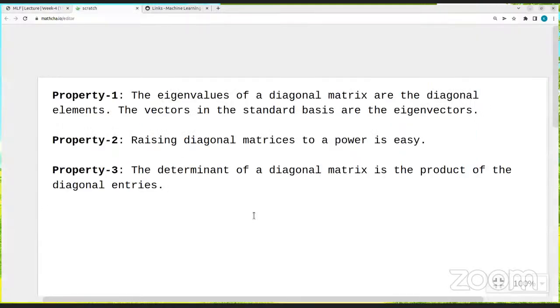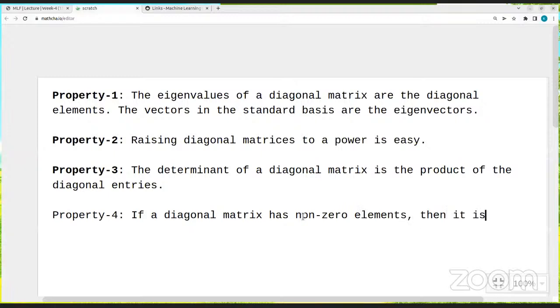So if a diagonal matrix has non-zero elements, then it is invertible, right?